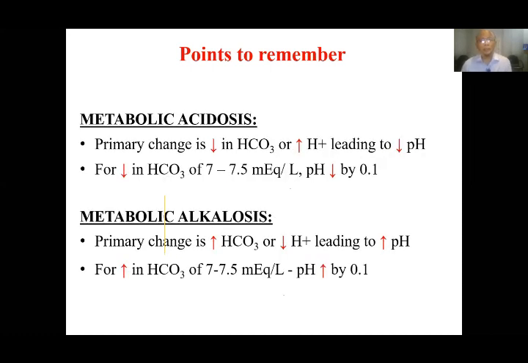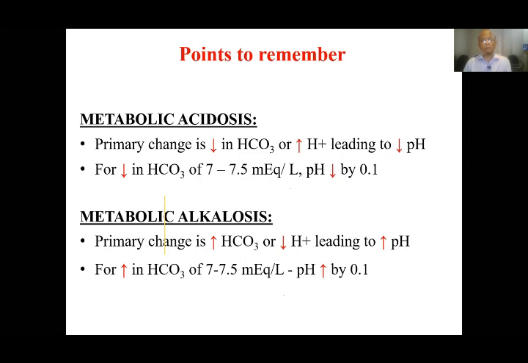In case of metabolic acidosis, the primary change in the bicarbonate or hydrogen ion leads to less pH. For changes of bicarbonate, if it is lessened by 7 to 7.5 milliequivalent per liter, pH will be dropped by 0.1.